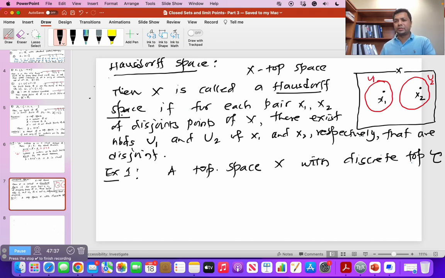Remember, discrete topology is basically the power set of a given set, where all the singletons are open sets. A topological space X with discrete topology tau is Hausdorff.